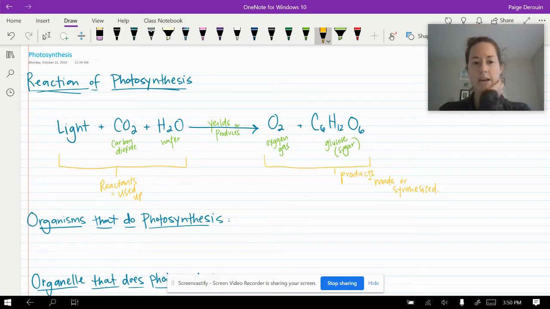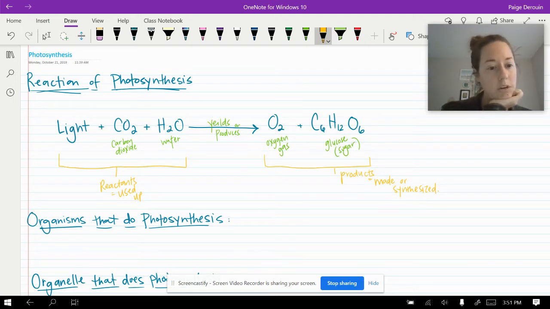So every chemical reaction is going to have reactants and products. And in photosynthesis, the reactants are your light energy, your carbon dioxide, and your water. And the products, or what's made, are going to be the oxygen and the glucose or the sugar. So all of the steps that I'm going to talk about in just a few minutes are the processes that actually convert the reactants into the product.